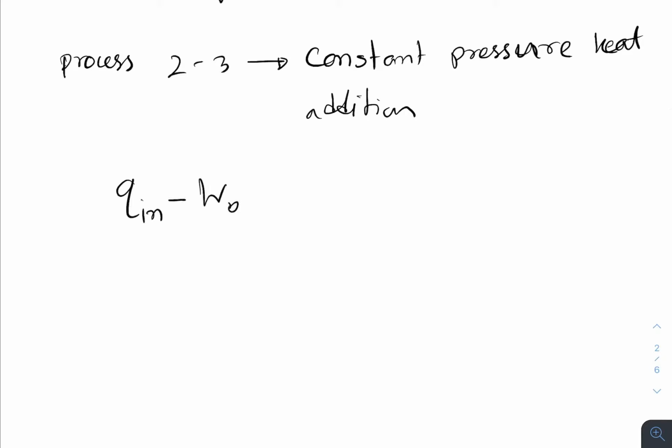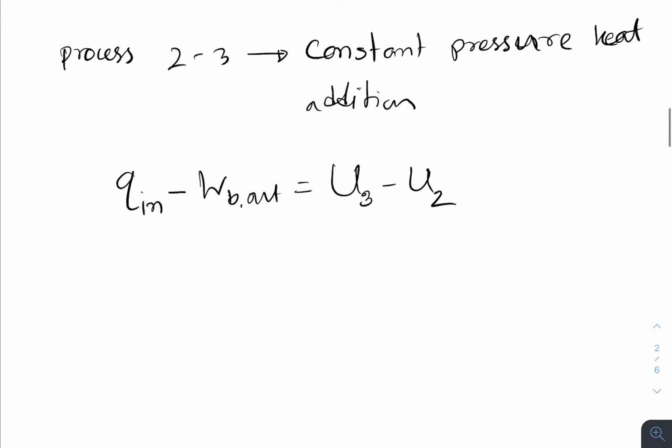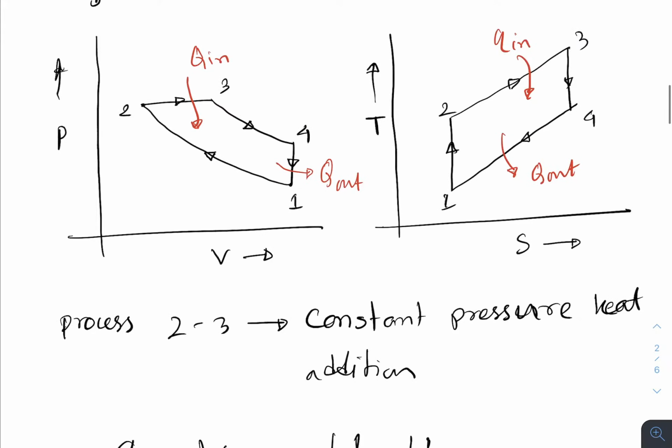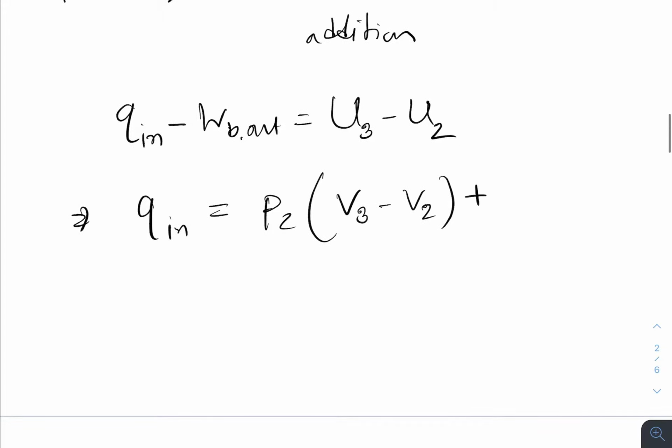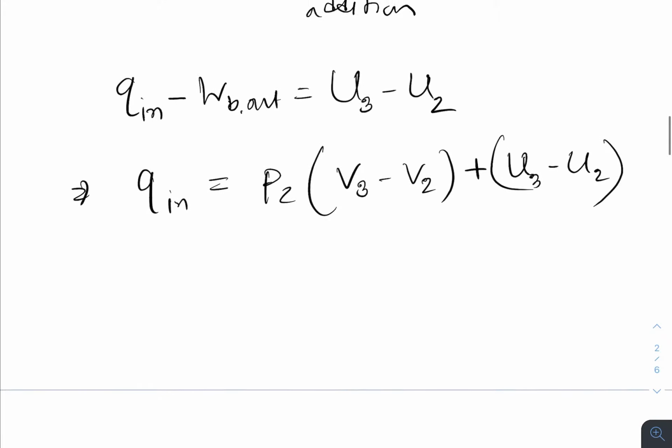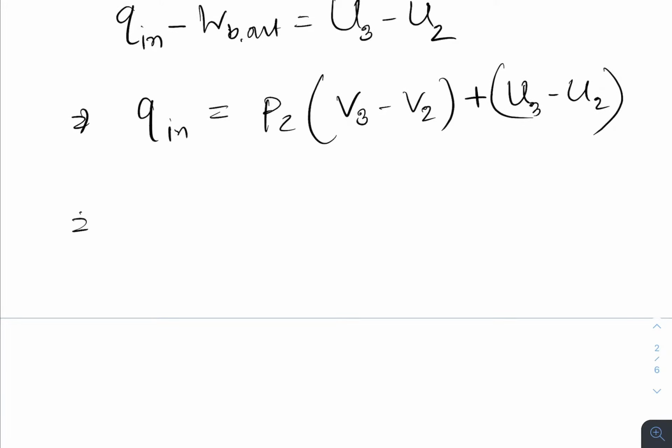So for this process we know that Q in minus W_b,out equals the change in internal energy, U3 minus U2, right? So from here we can write Q in equals P2 times (V3 minus V2), because the pressure is the same, P2 equals P3, plus U3 minus U2.